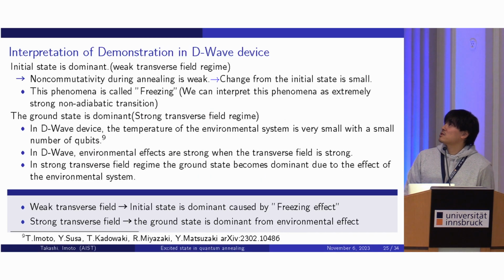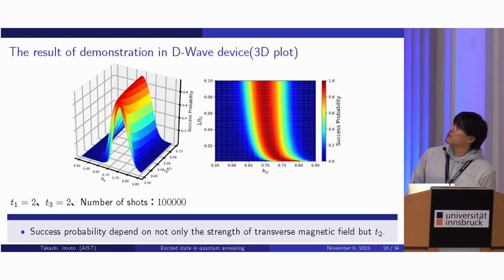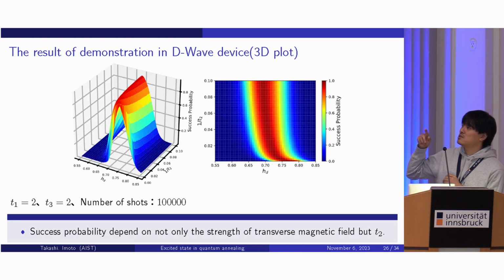Okay, so this is a summarized slide. Okay, and this is a 3D plot of our result of demonstration by using the D-Wave device, and this plot presents success probability against HD.